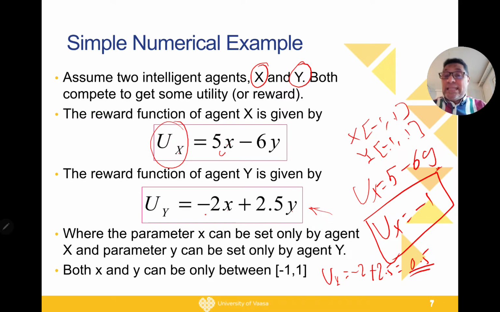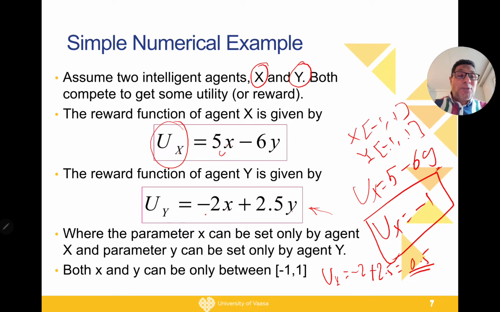In case this game is played by X and Y, if X and Y are intelligent and rational, then of course uy will put Y equal to 1. And of course ux will put X equal to 1 in order to minimize their own losses.